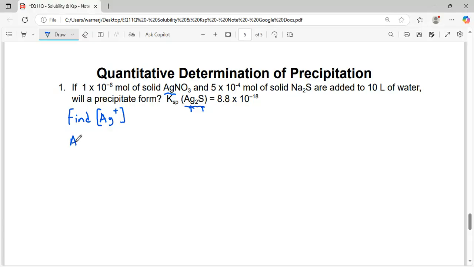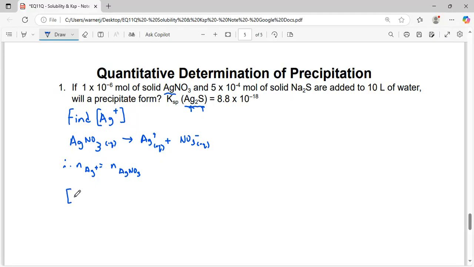If we remember our dissociations, I know that AgNO3 is going to dissociate into silver ions and nitrate ions, and it's a 1-to-1 ratio. So the moles of Ag+ has to equal the moles of AgNO3. Right? So I can find concentration.